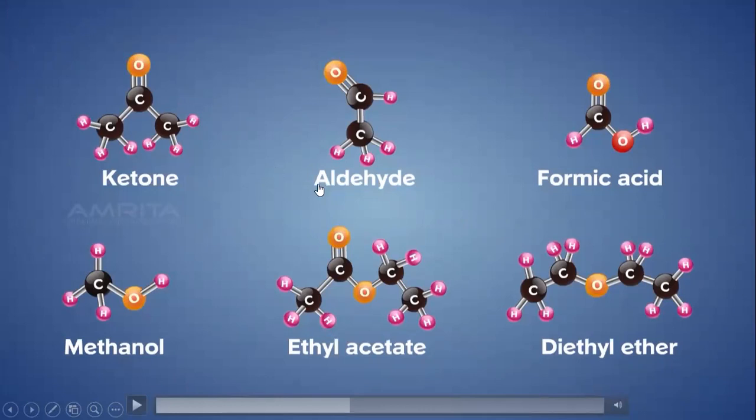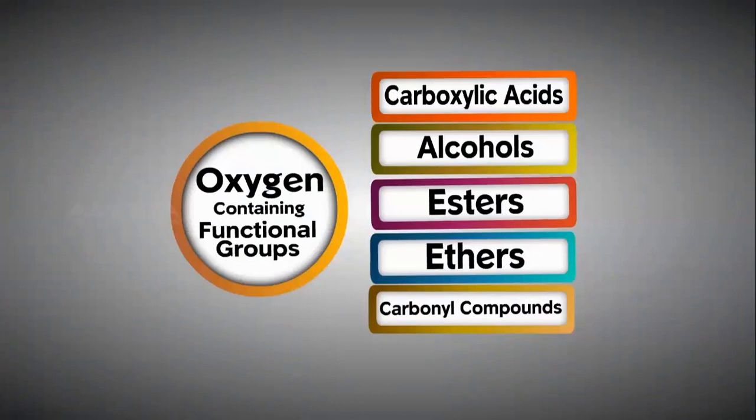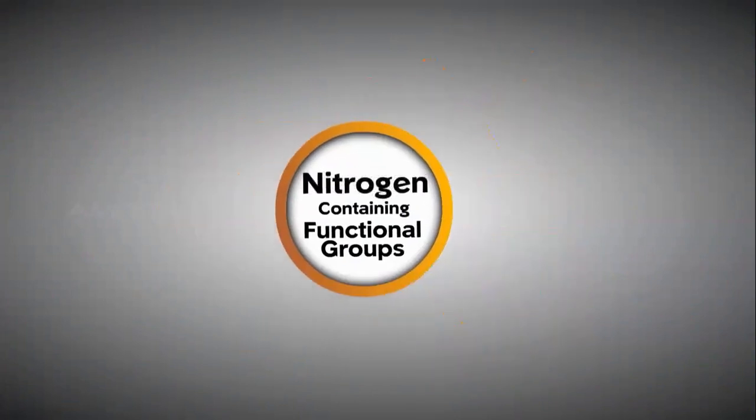This ketone has C double bond O, aldehyde C double bond O, formic acid has C double bond O, methanol has an O group, ethyl acetate has C double bond O as well as a COO bond. This carbon oxygen and this carbon oxygen bond. Diethyl ether also has a COC bond between them. These are all oxygen containing functional groups.